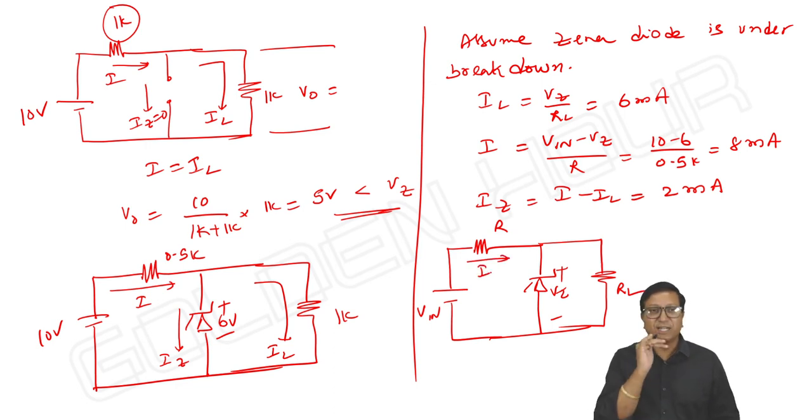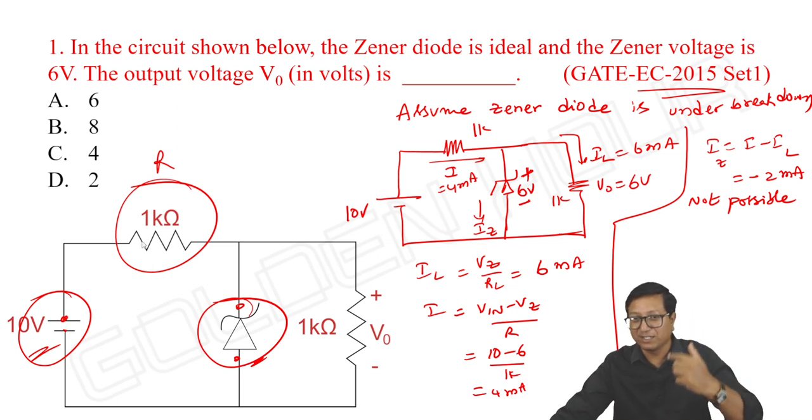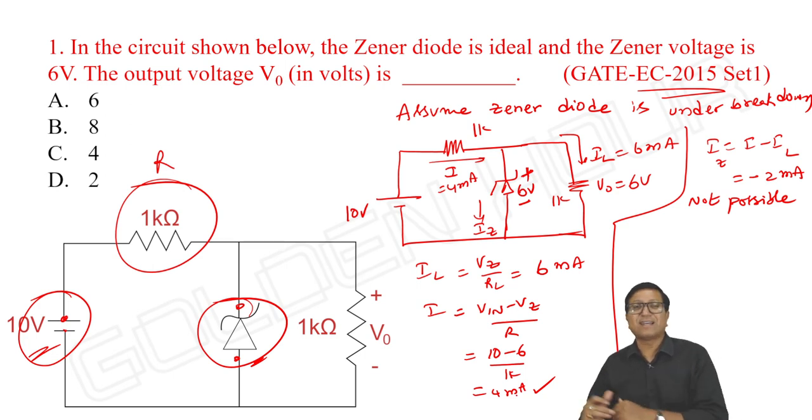From this problem what we understand is, see this, first I started with R equal to 1K. For R equal to 1K, Iz is negative. So what I did, I have not increased the value of R; if I increase the value of R further, the I value will further decrease. What I did, first from the given value of R, I calculated I. Anyway, RL is fixed, IL is fixed. So the I value is looking less than IL.